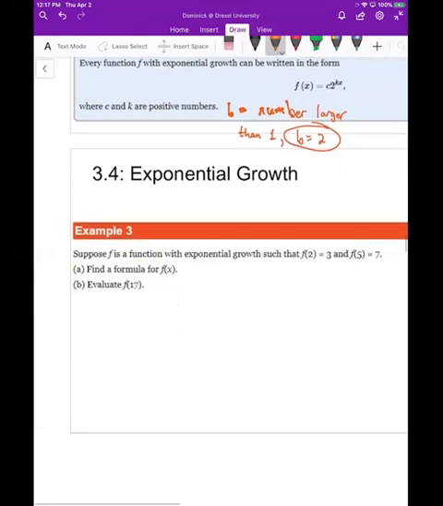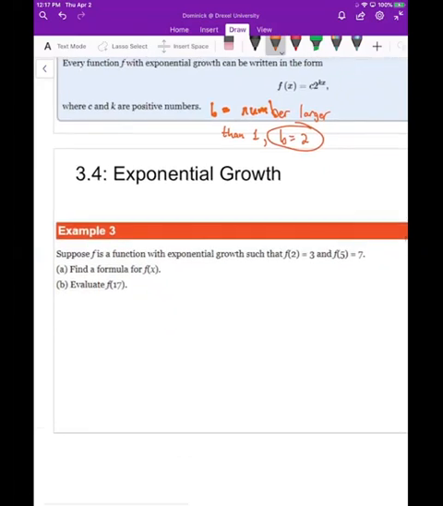Okay. Now, here's an interesting problem. We're going to use the simpler form, f of x is c times b to the x, to model my exponential growth. Now here we're given 2 points, right? We're given that 2 comma 3 is a point, and we're also given that 5 comma 7 is a point.